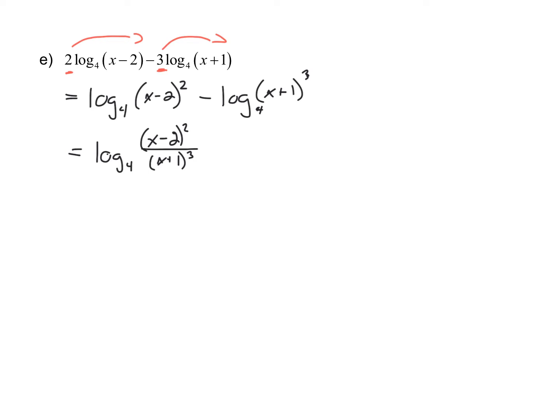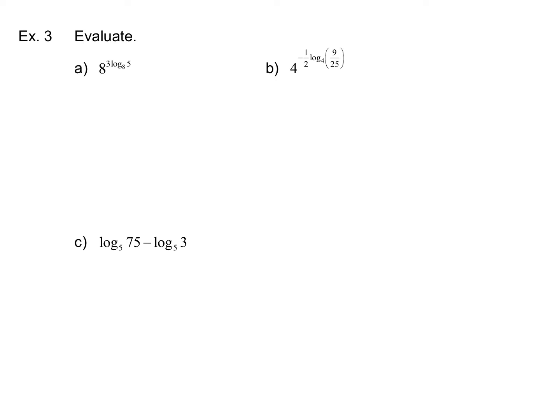And there's my single logarithm. Now it may not look as nice, but it is a single term versus multiple terms. And a lot of times that will allow us to cancel things and make things a lot easier. So be careful. Those coefficients have to become exponents before we can use the power law of logarithms or the quotient law of logarithms.